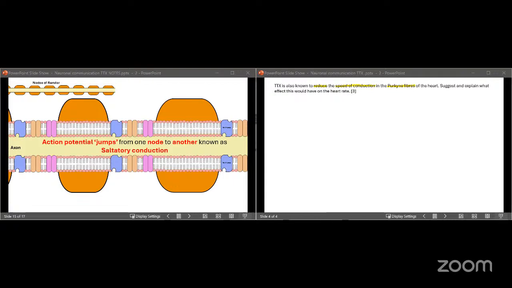So for this one, it's expecting you to understand, let me just get up my notes for you on this one, that you have your sinoatrial node, your atrioventricular node, your bundle of His, your Purkinje fibers, and your conducting fibers. So there's an expectation that you understand.